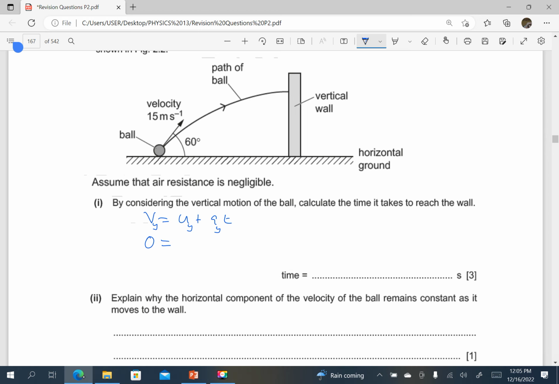Initial velocity in the vertical will resolve 15 vertically, which will be 15 sine of 60. Since it is moving against gravity, this will be minus 9.81 times t. So t is going to be 15 sine 60 divided by 9.81.